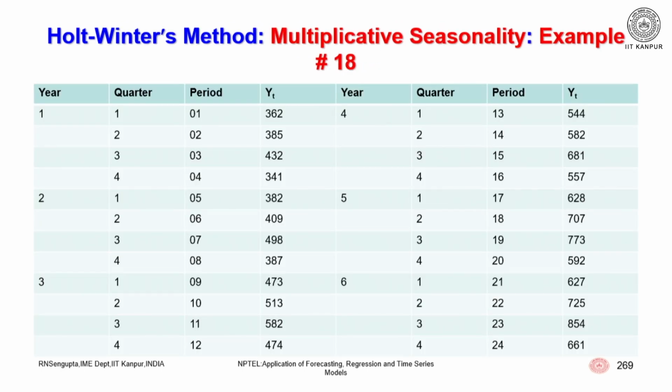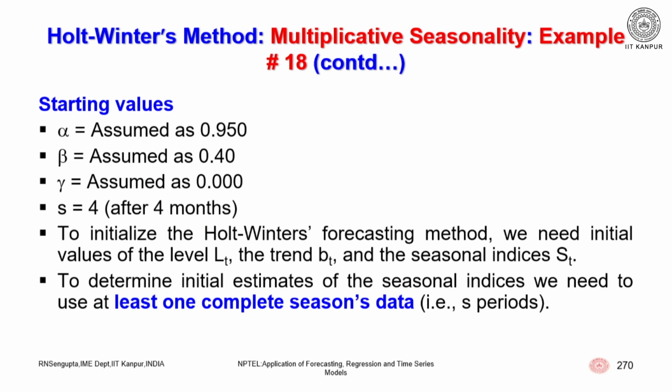So, this is the data set: 24 data points for 6 years, each year having 4 quarters, with each quarter being a season. I have assumed values of alpha, beta, gamma, which you will change and find out accordingly, such that we are able to minimize the error.